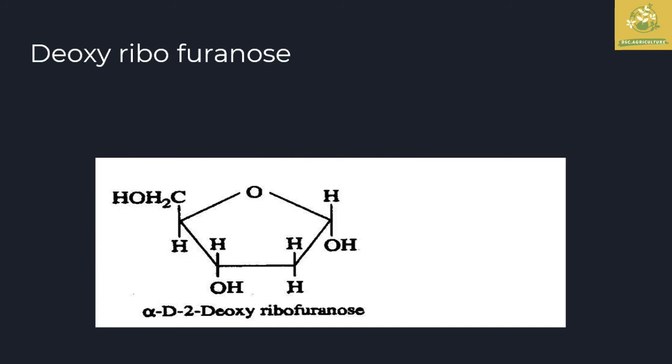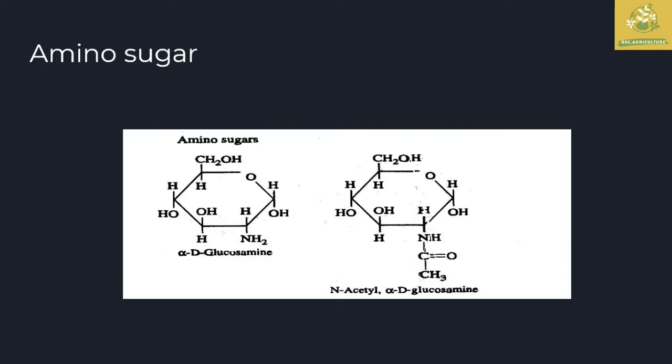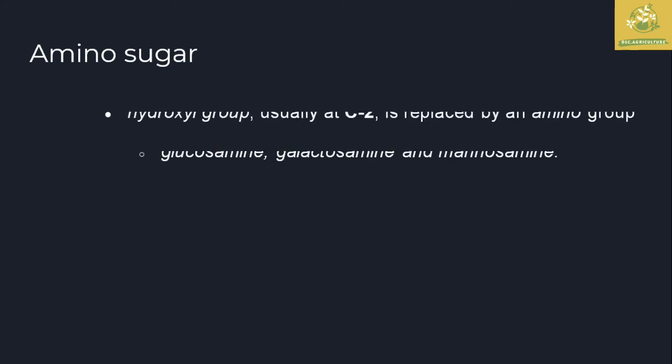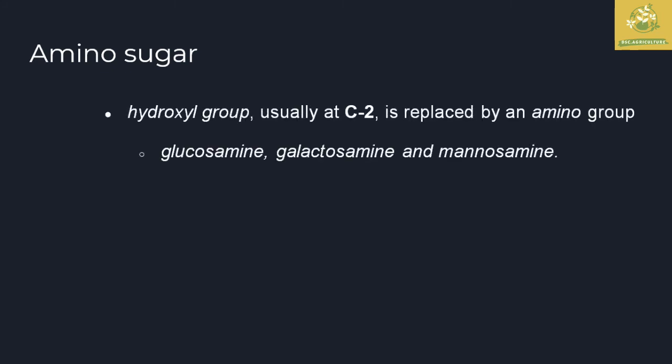Deoxyribofuranose is shown here as a structure model. Then the amino sugars: alpha D glucosamine as well as N-acetyl alpha D glucosamine. In amino sugars, the hydroxyl group, which is usually at C2, is replaced by an amino group, as in glucosamine, galactosamine and mannosamine.